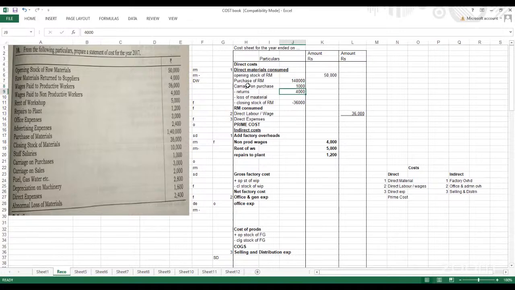The marking went a bit up and down; the photo of the question is a bit crossed. Then abnormal loss of material, last, 2,400, to be minus. Okay, I think we have covered all RM items: opening stock, returns, closing stock and purchase, then carriage on purchase. I'll take the total now.